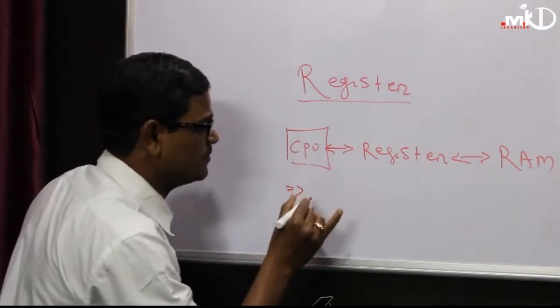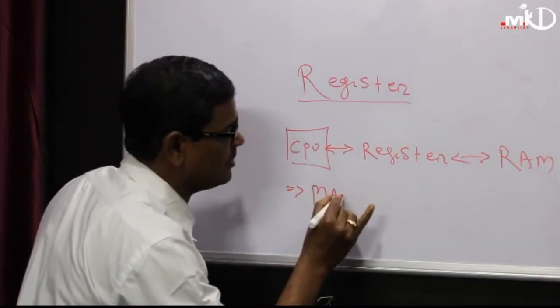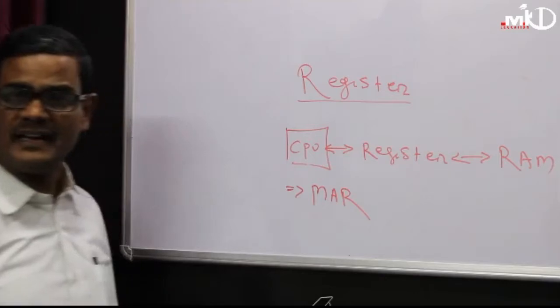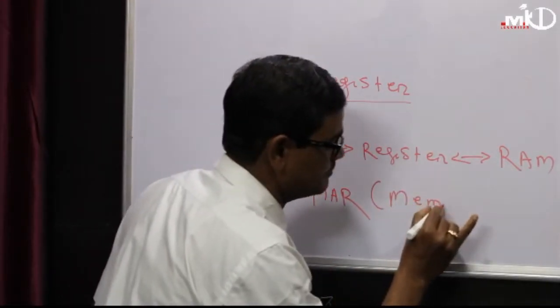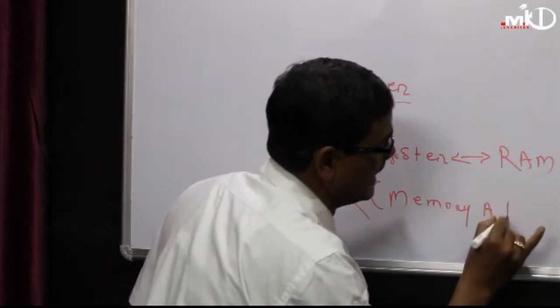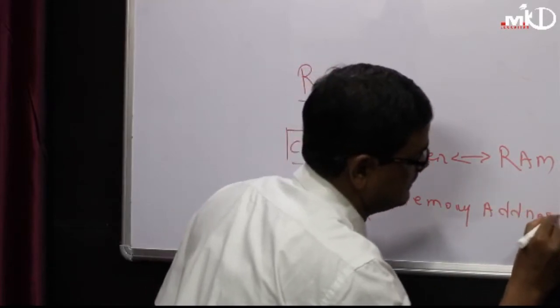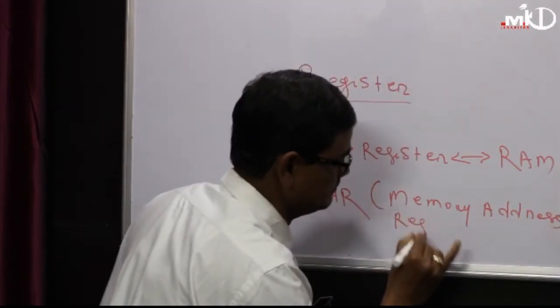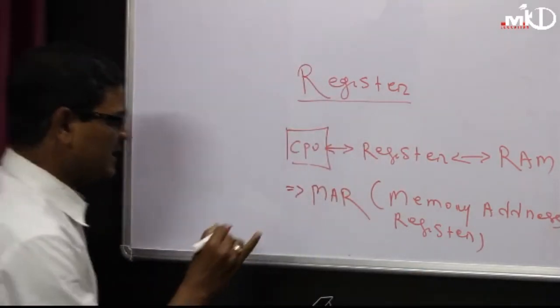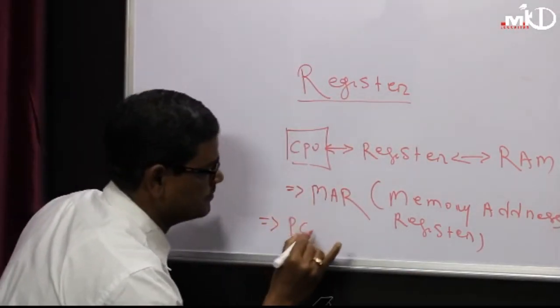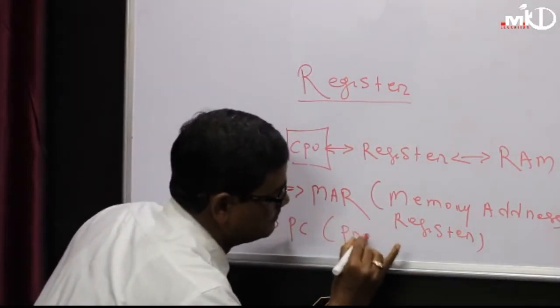One is the memory address register, MAR. Another is the PC, the program counter.